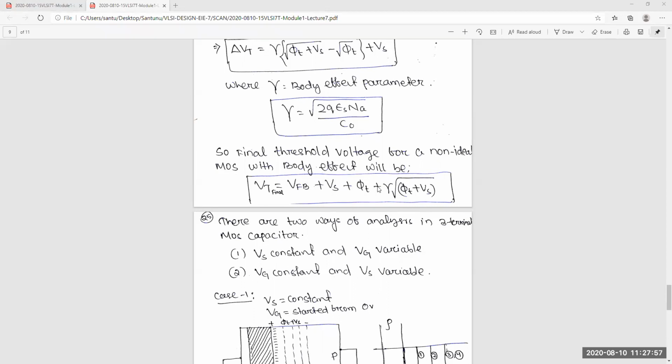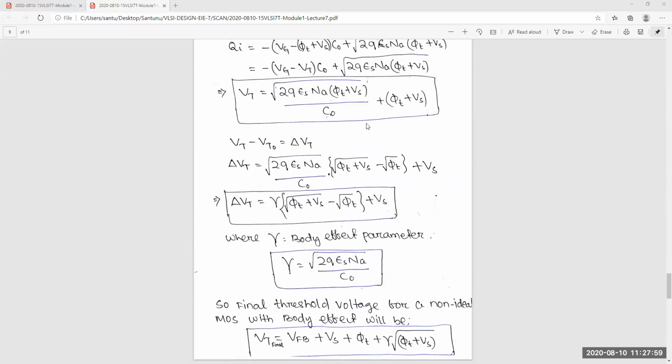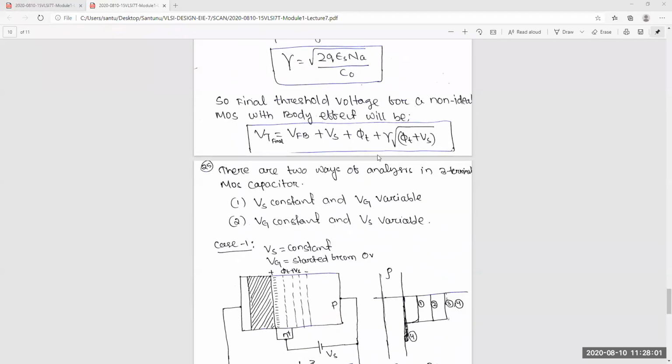So you get all these four terms: the metal semiconductor work function, then phi f and the depletion term, then the surface term, plus this substrate bias. So this is your final threshold voltage when there is a source to substrate voltage, for a real MOSFET.